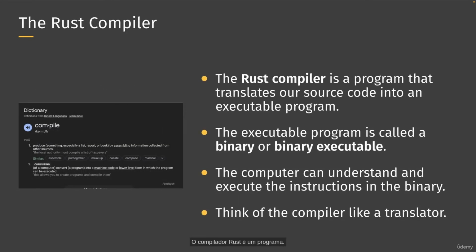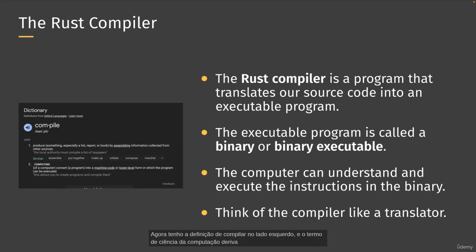The Rust compiler is a program. It's a piece of software that translates our source code into an executable program that the computer can understand and execute. That executable program is often called a binary or a binary executable, and the computer can understand the instructions in that binary.